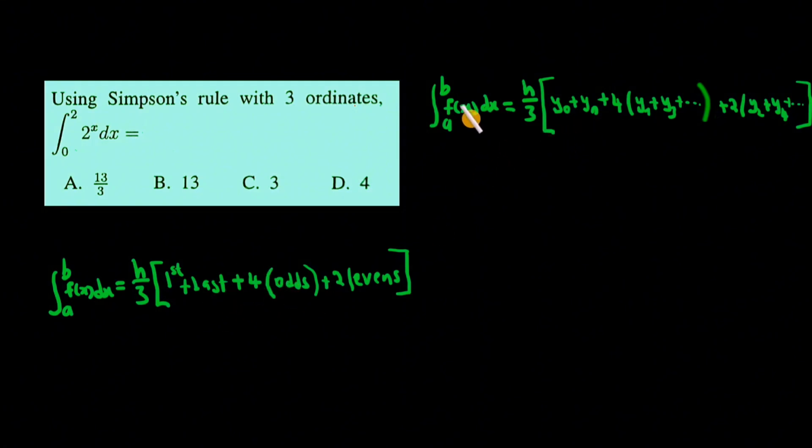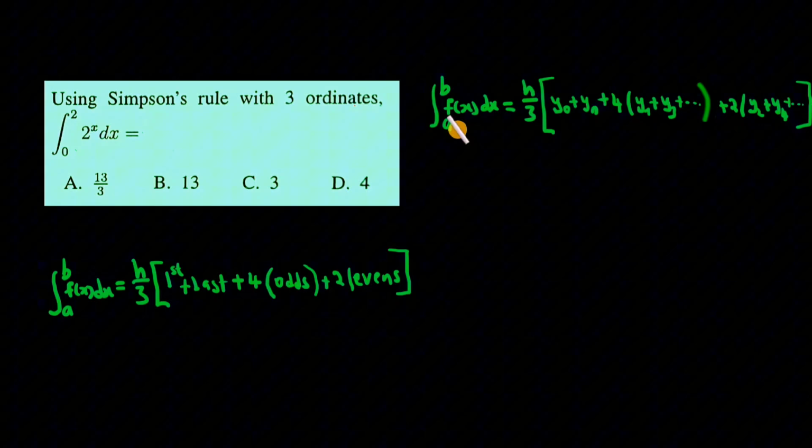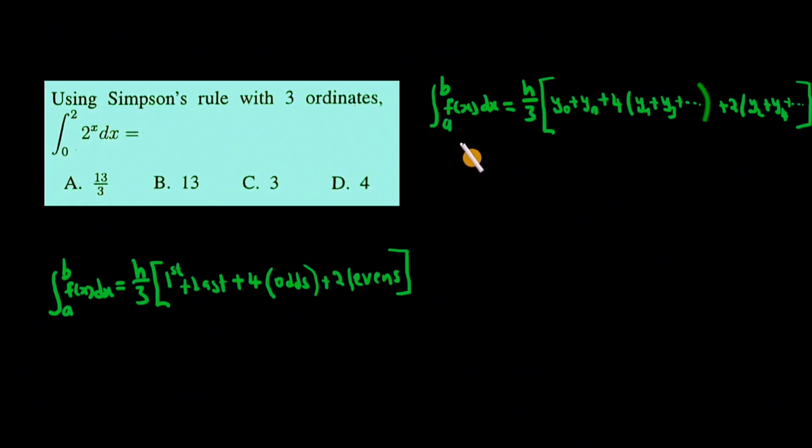Now let's see how this formula can be applied to solve this problem. We need to know the value of h, and what y0, yn, and so on are. H is called the step length or the step height. When the limits of the integral are given as a and b, h is calculated from the formula (b minus a) over n.